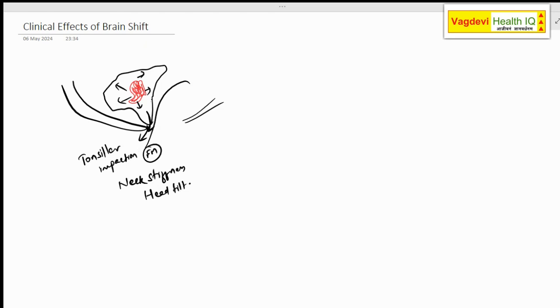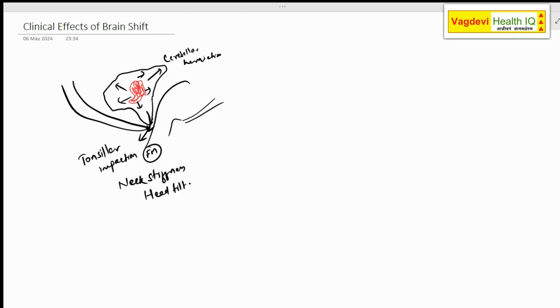Now it is causing pressure over the brain stem as well. And it can cause even pressure on the upper cerebellum, like upward cerebellar herniation, we say cerebellar herniation.